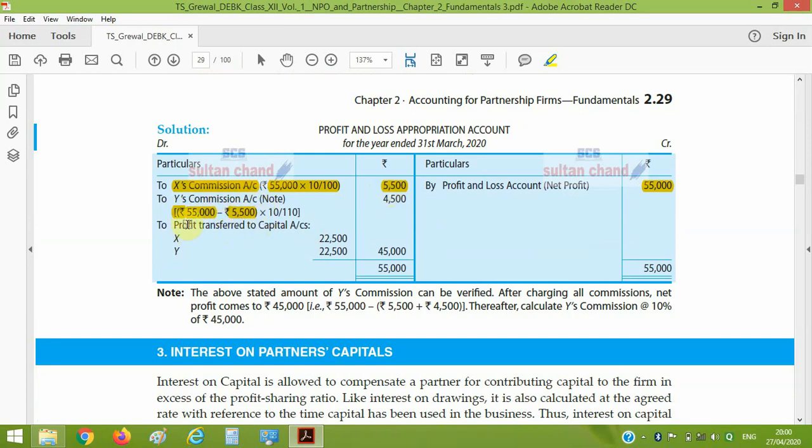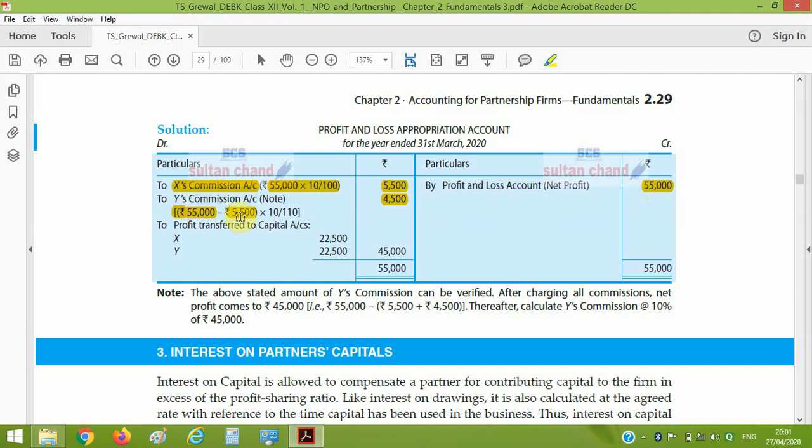The resulting figure is 49,500, into 10 by 110, not 10 by 100, because it is saying after charging all commissions. So whatever the amount is after reducing this, into 10 by 110, we will get the amount 4,500. This will be the commission of Y, because in this question it has been said that after charging all the commissions, out of net profit, first we will deduct the commission of X, 5,500.